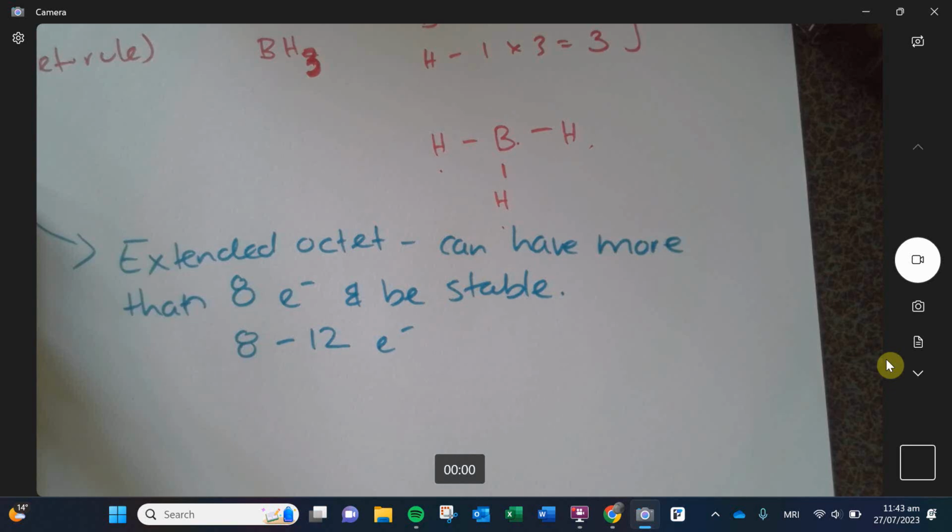This occurs for any element that is past silicon. So basically phosphorus and above can do this.